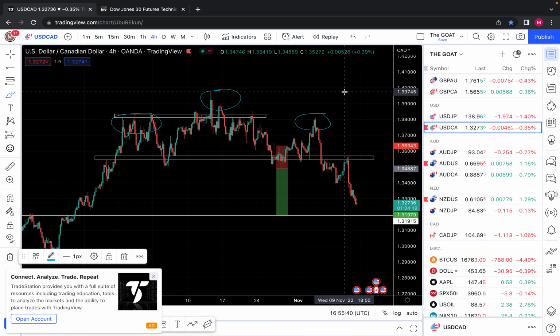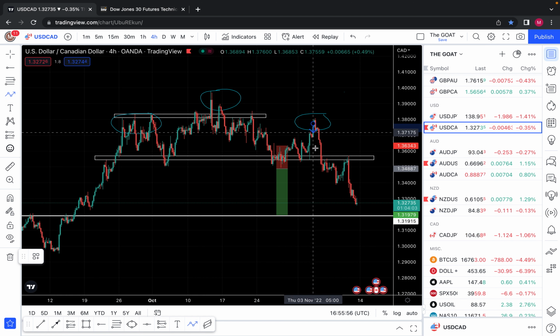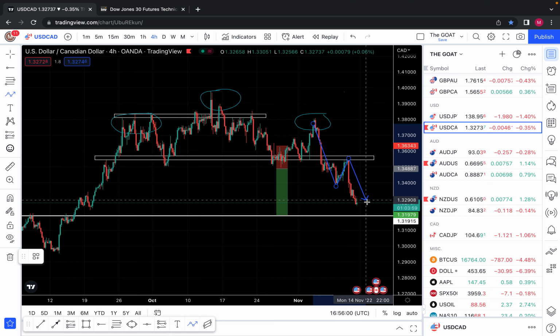So I seen that, and then once you see the head and shoulders, what you're looking for next is this zone right here. Nice zone. So we're waiting for it to break, retest, and then we'll take it down.